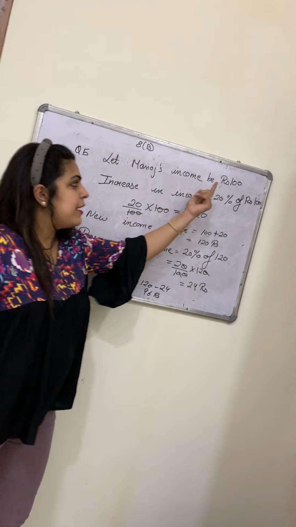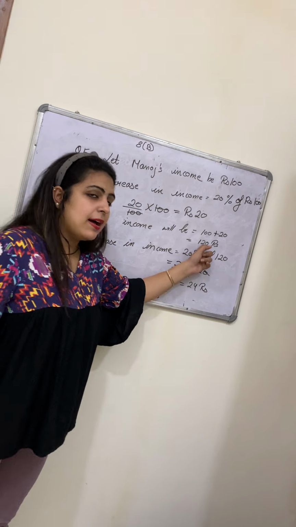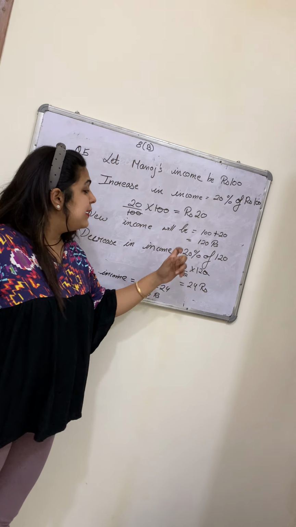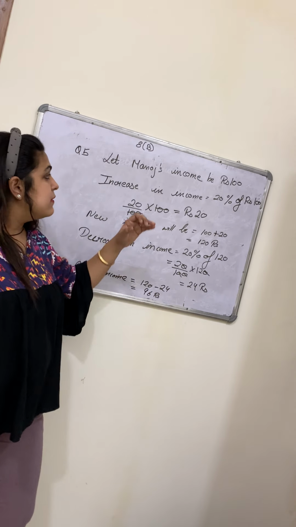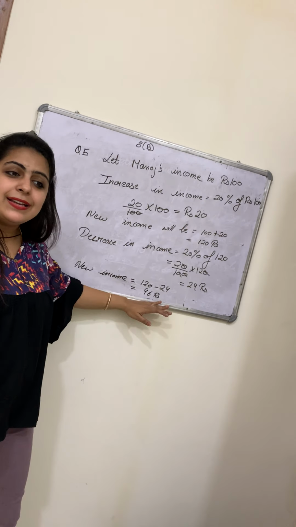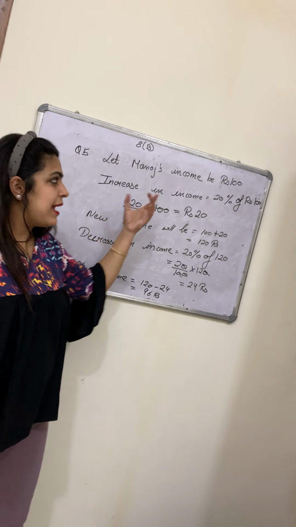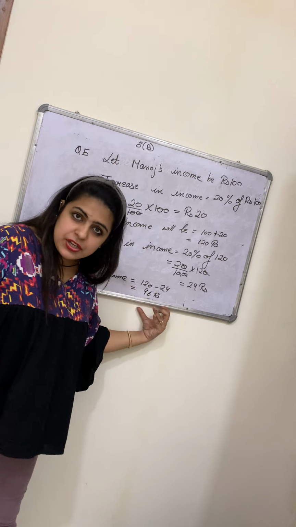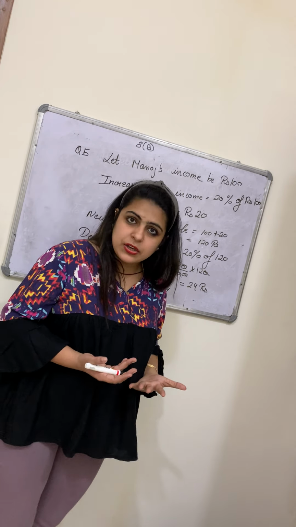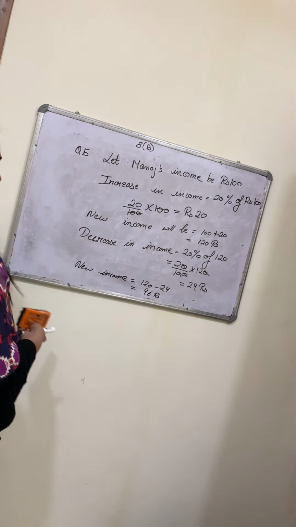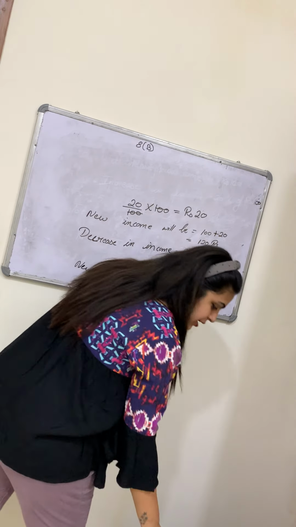See, we started from 100 rupees. First it got increased by 20%. It becomes 120. Then it got decreased by 20%. Then it comes out to be 96. We started from 100. We reached 96. अगर हम complete इसका conclusion निकालते हैं, that means the income is getting reduced. 100 से 96 हो गई income. So it is getting reduced. Now अब हमें total income की reduction निकालनी है.